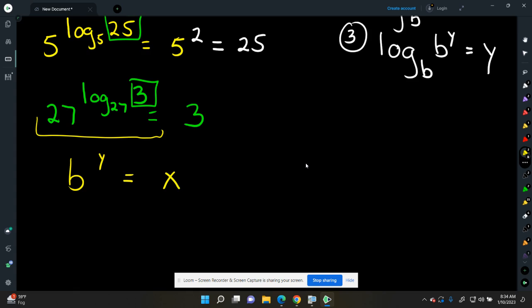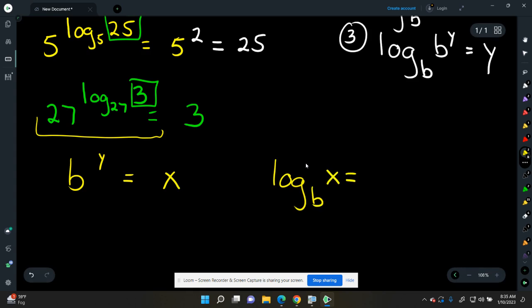According to my definition, it was an if and only if, which means it goes both ways. So according to my definition, this implies that log base b of x equals y. That's what my definition states.